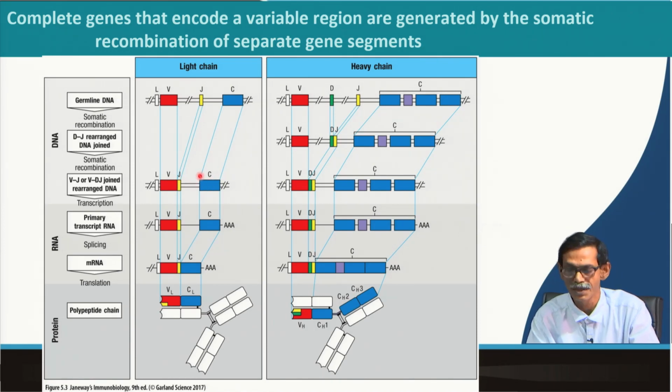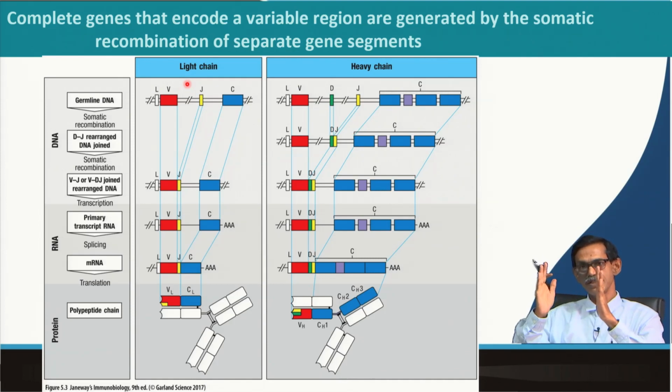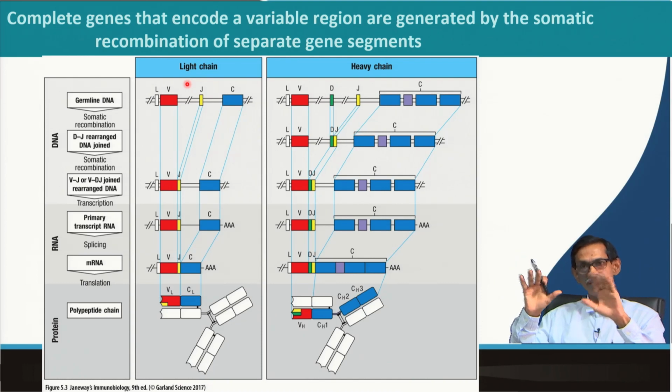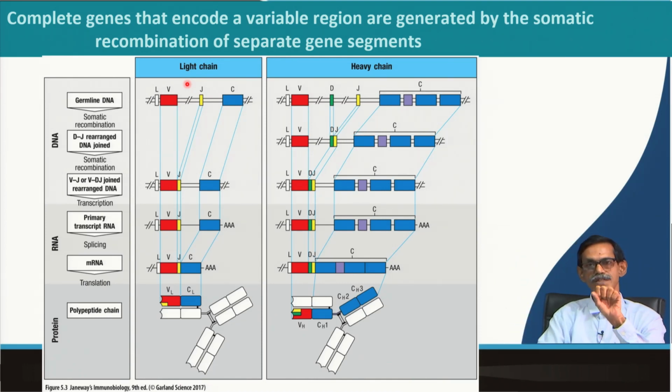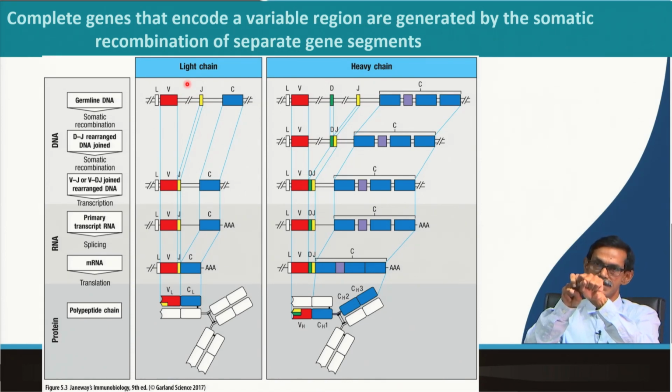So, the light chain variable region is present in the germline as two segments, one is V, a little bigger, another is J. At the germline level they are separated, but by recombination they come together and make the complete variable region.